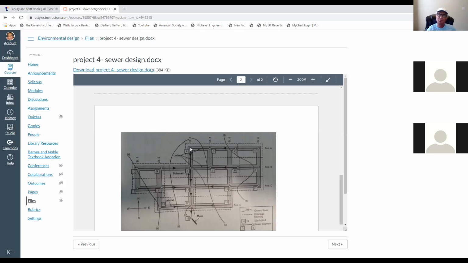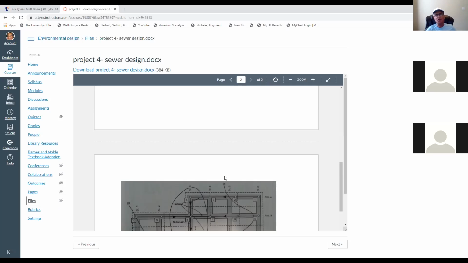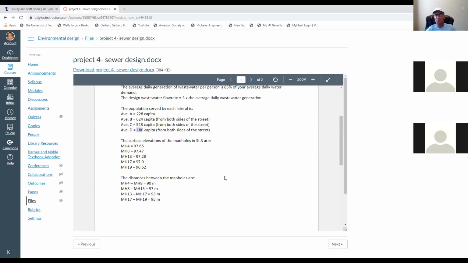Now the slope, you know the rest of the story. Follow the table and the calculations in the handout. This is the surface elevation, so the difference between them divided by the distance gives you the slope.